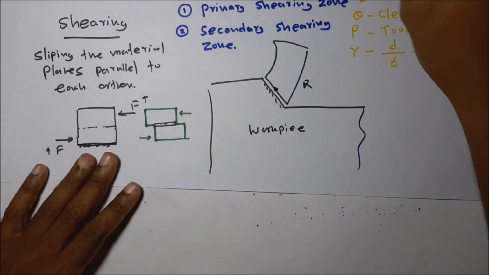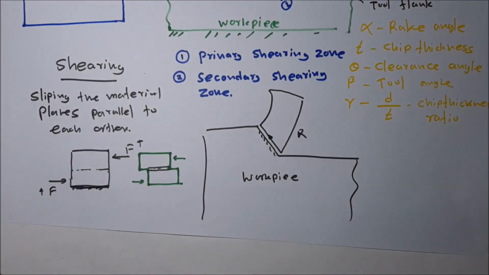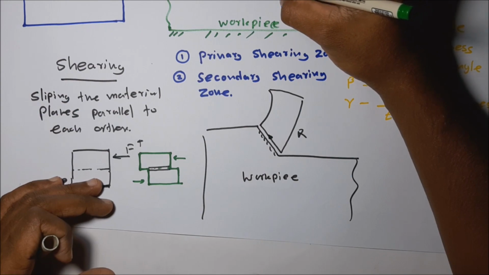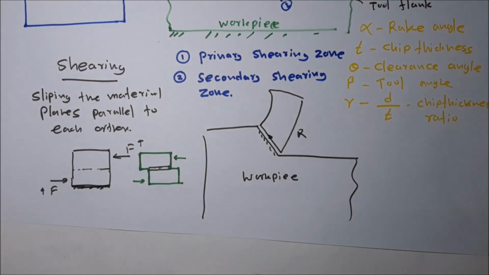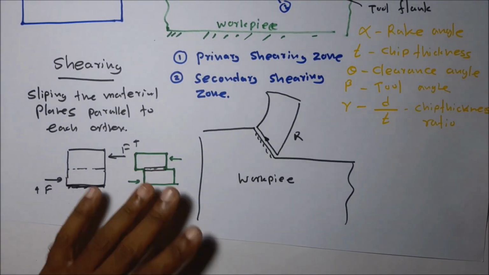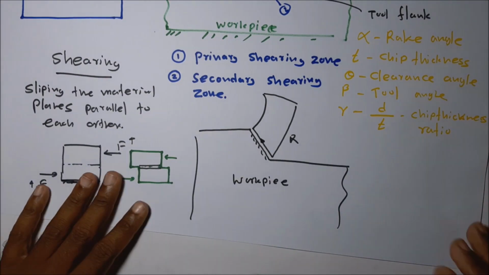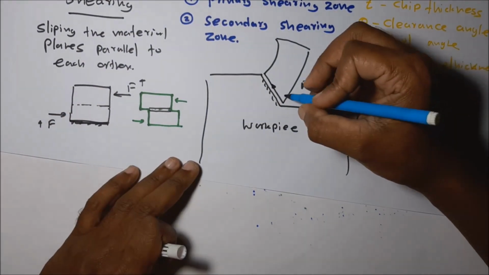Then the secondary heat generating zone, that means a secondary shearing zone. There's a rubbing action between the removing chip and the surface of the cutting tool. In this situation, the two surfaces are rubbing each other, not inside the same material.